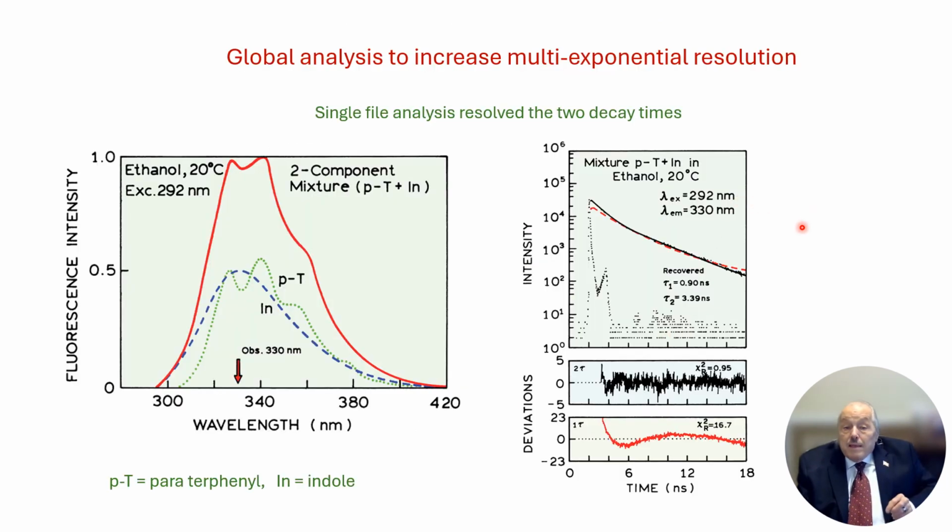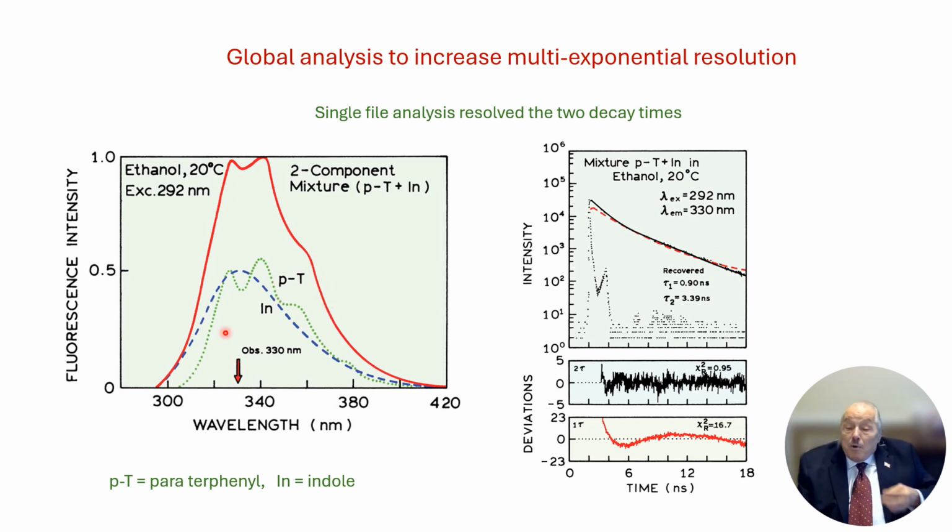There is a way to increase the resolution of multi-exponential decays, and this is your introduction to global analysis. And global analysis is very powerful. What it is basically, in the case of this mixture, it says instead of measuring the intensity decay at one place, we're going to measure the intensity decay at different wavelengths.